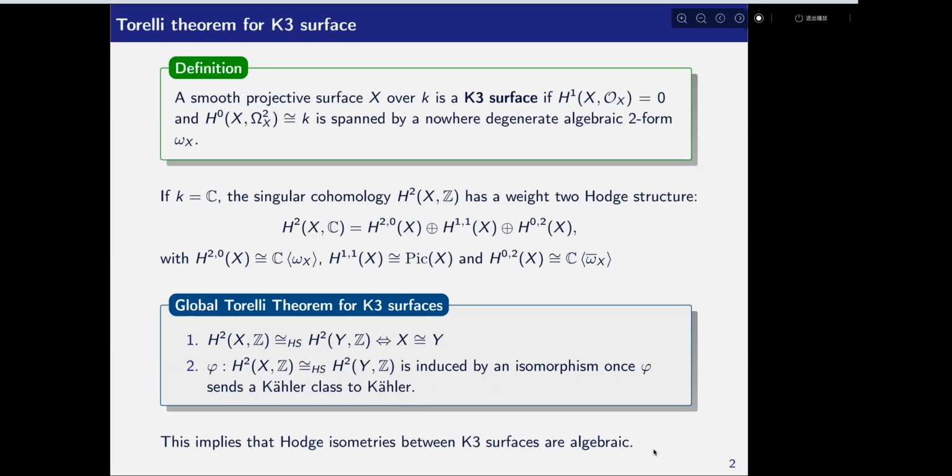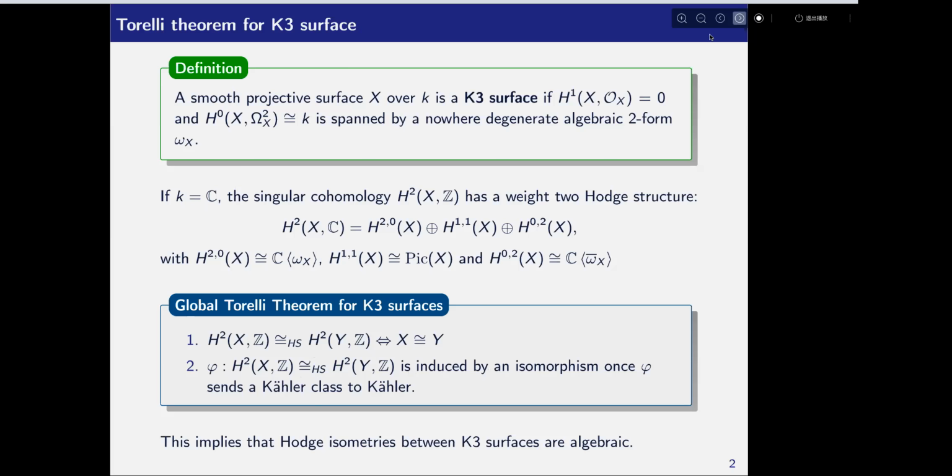One might wonder about condition 2, that such a Hodge isometry is induced by an isomorphism: you can take some autoequivalence, so every integral Hodge isometry up to some autoequivalence will satisfy condition 2 and send a Kähler class to a Kähler class. I didn't mention the proof because it is not that important, but just remember that the global Torelli theorem tells us the Hodge isometries are algebraic.